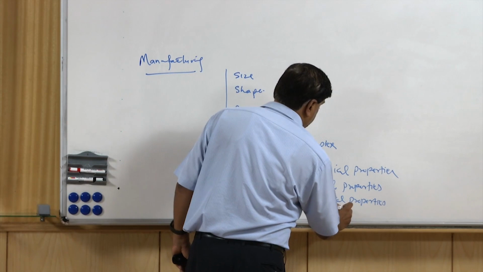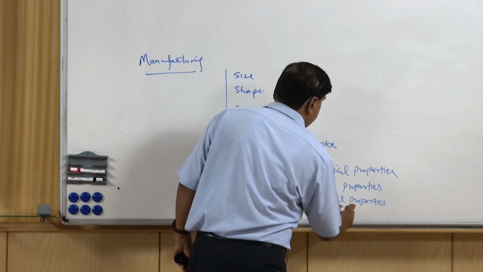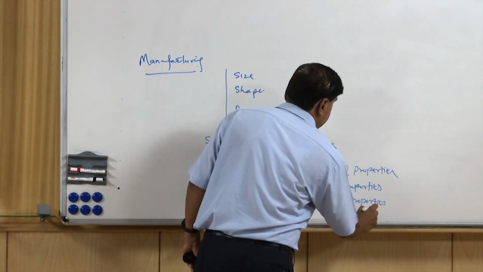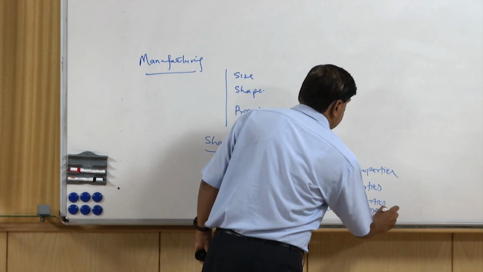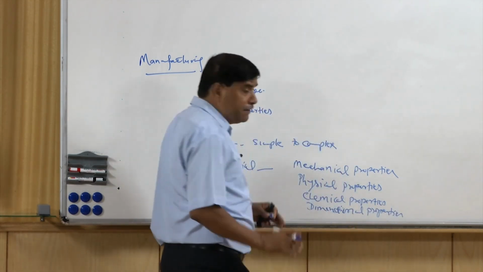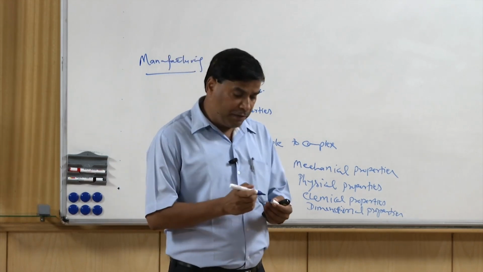These are the four important properties of the materials that significantly affect our selection for the manufacturing process.